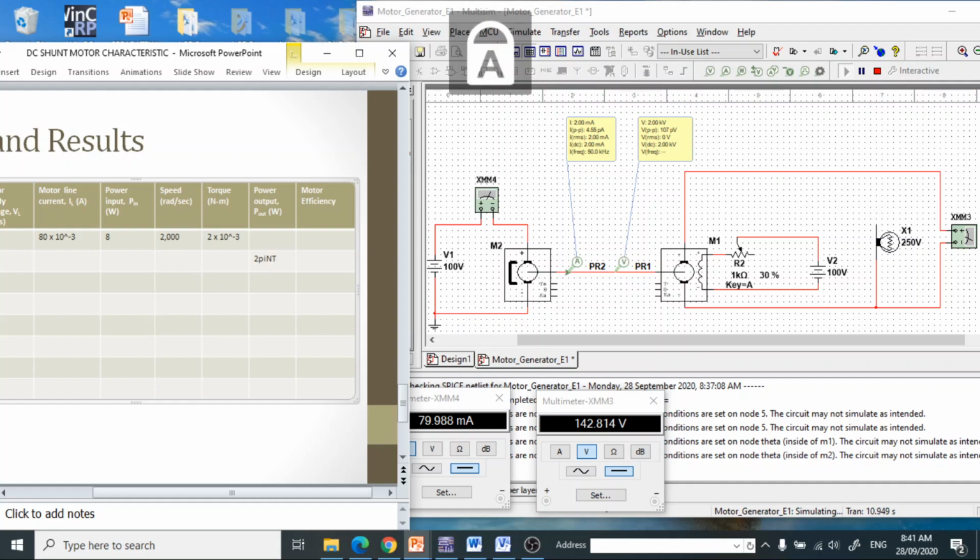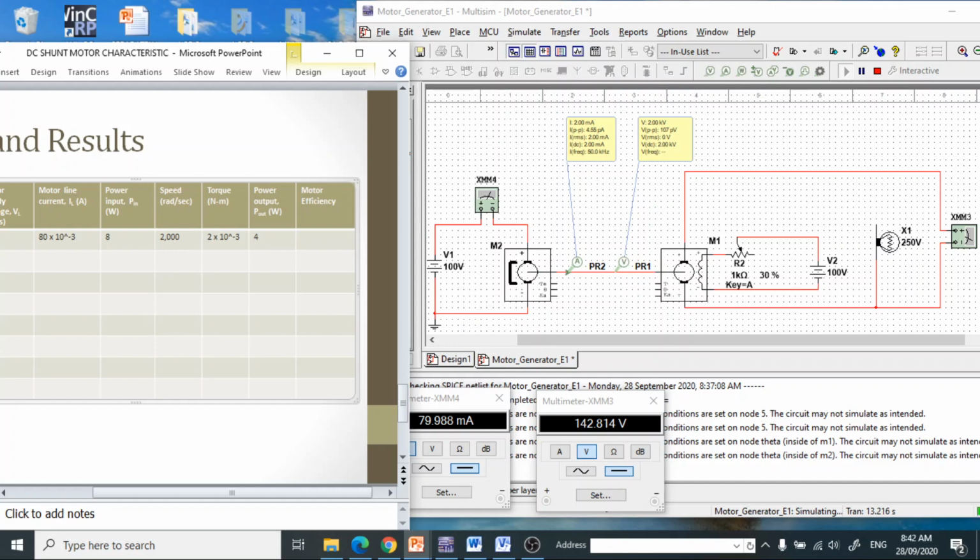Calculating the power output of the DC motor, you have there 2 pi times the speed in rpm times the torque over 60. So the answer is 4 watts.